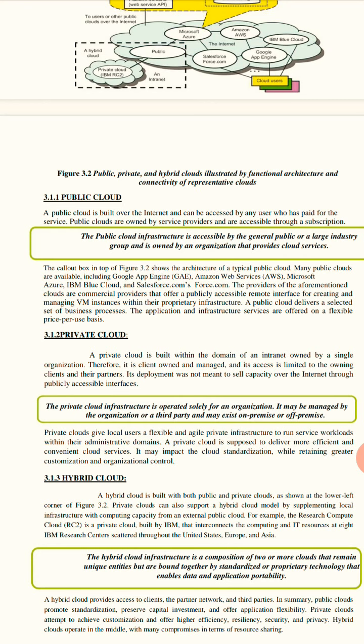It may impact the cloud standardization while retaining greater customization and organizational control. In private cloud, security is more than your public cloud. If any organization wants to secure their data only in their own organization, they use private cloud.